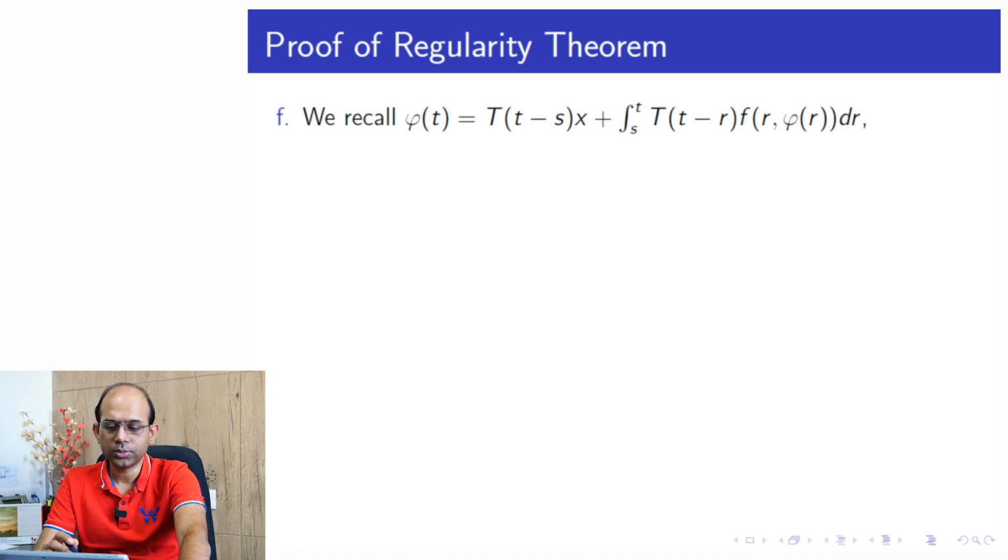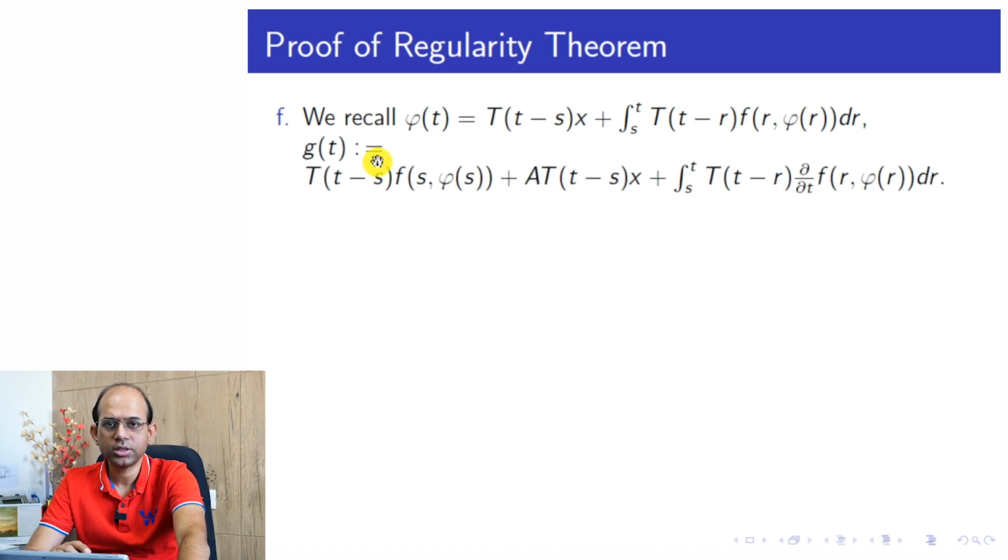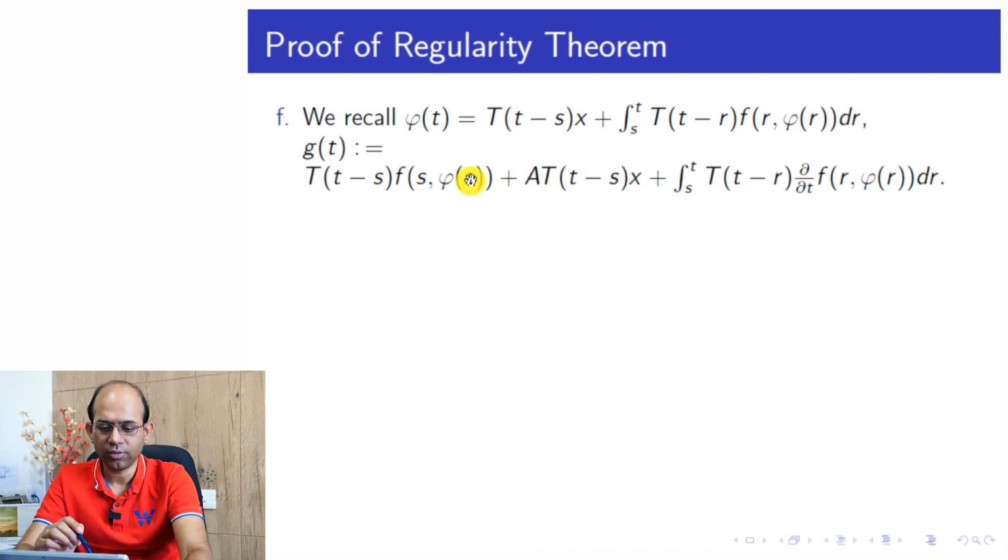Here phi is satisfying this integral equation: phi(t) is equal to capital T(t-s)x plus the integral from small s to t of capital T(t-r) f(r, phi(r)) dr. And g(t) is defined as capital T(t-s) f(s, phi(s)) plus capital T(t-s)x plus the integral from s to t of capital T(t-r) del_t f(r, phi(r)) dr.